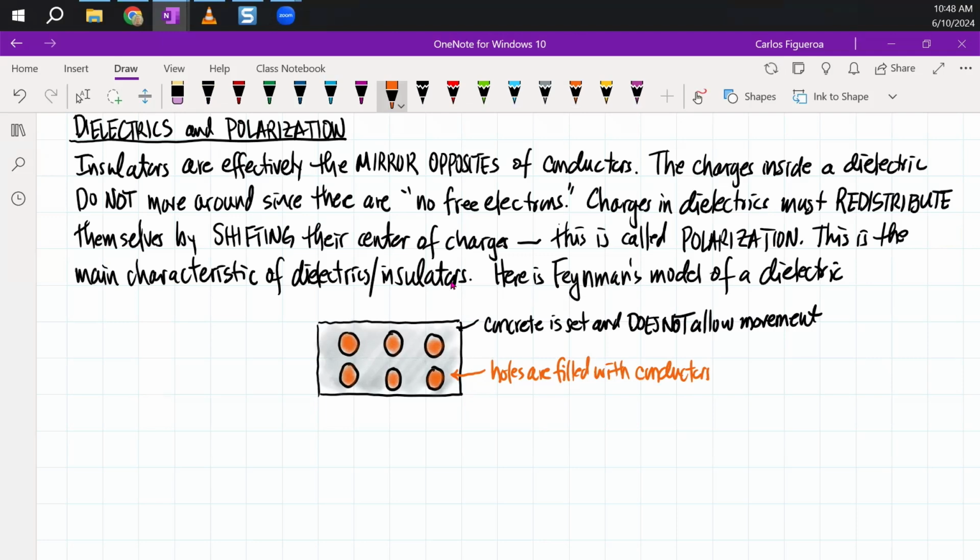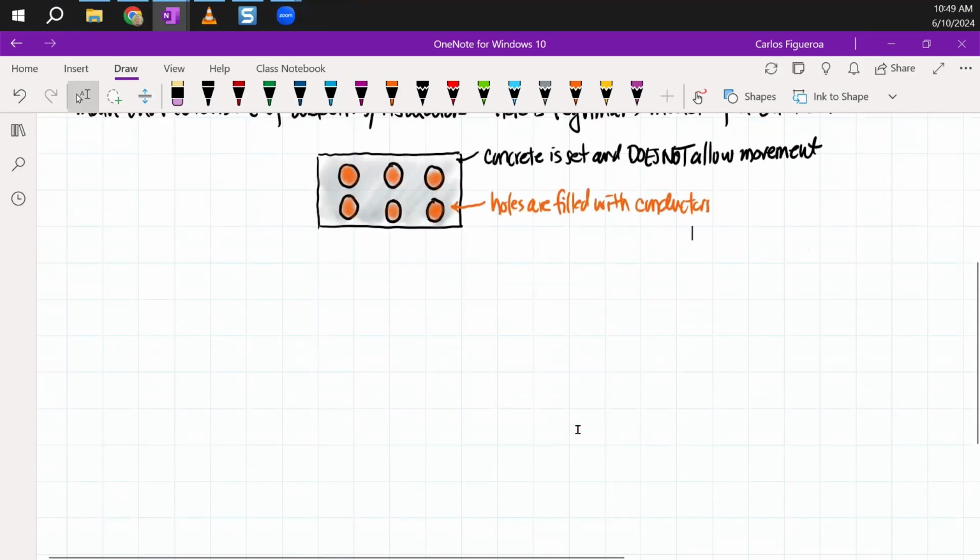And even I will say that I induced a charge on a dielectric. Technically, we try to separate those two and call it polarization. So that's the model that I want you to think about. It's a toy model, but nonetheless, it's effective in how we visualize this. So now let's get to it.